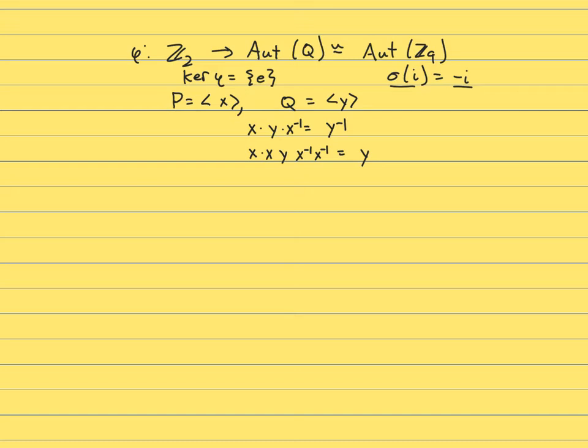And so this is my automorphism. And Q has order 9, this is order 2. It looks like in this case, my Q semi-direct product with P is nothing more than the dihedral group.